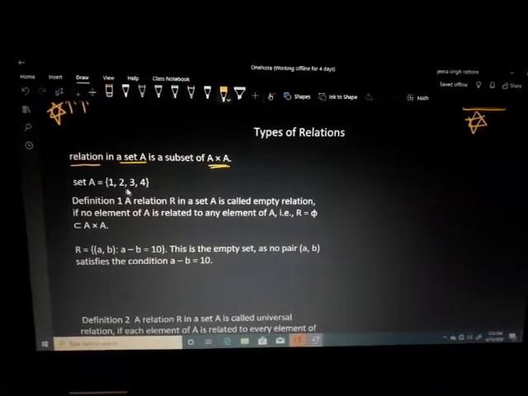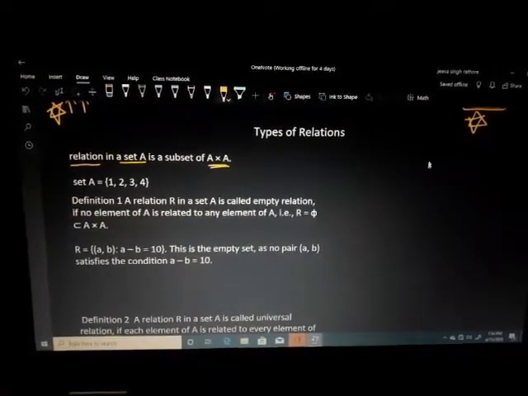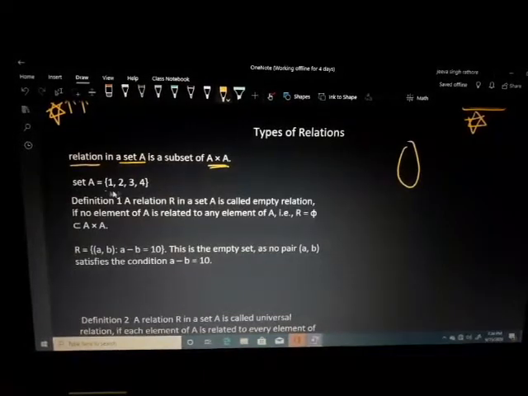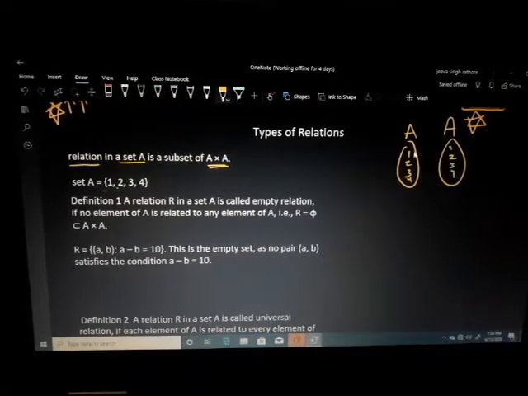If we want to find the relations in A cross A, you can consider A cross A and easily find it. This is the set A having the elements 1, 2, 3, 4. Another set A again, A cross A, 1, 2, 3, 4. You can find the cross product of 1 with this one, this one, this one, this one.